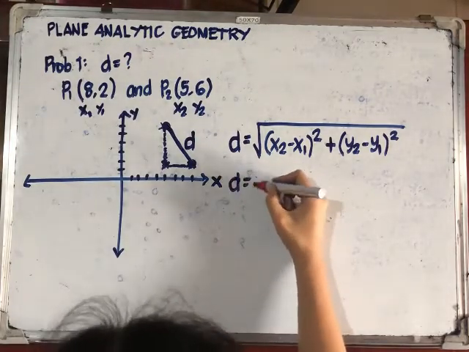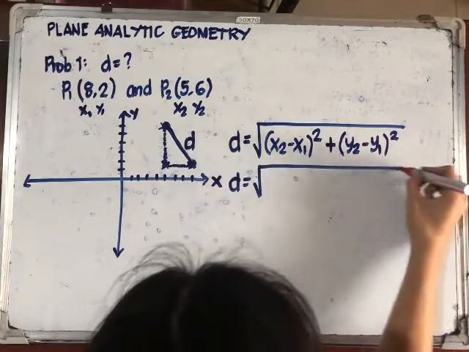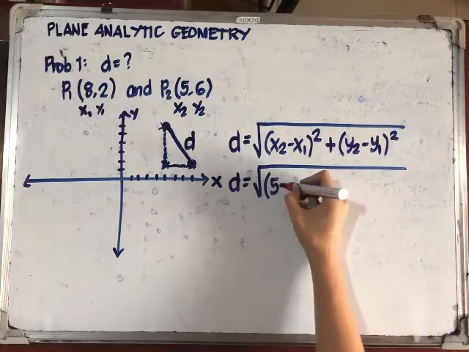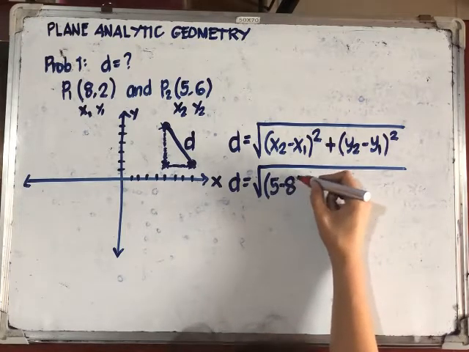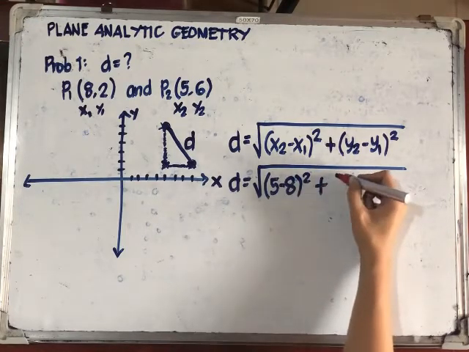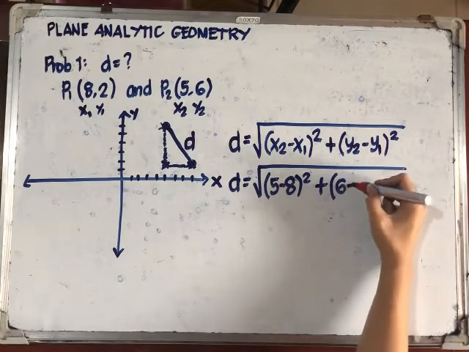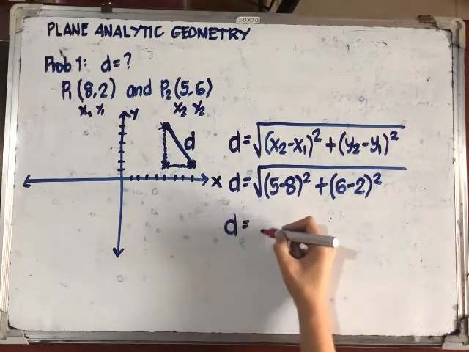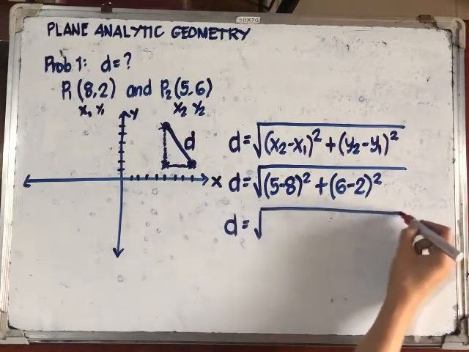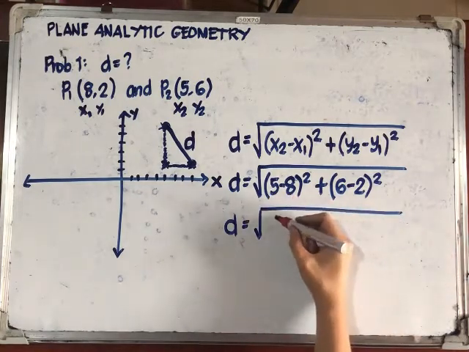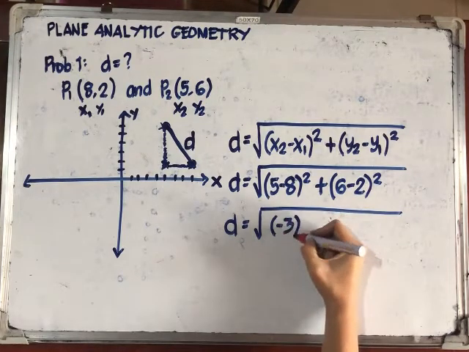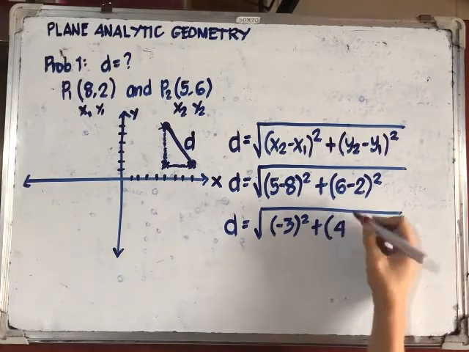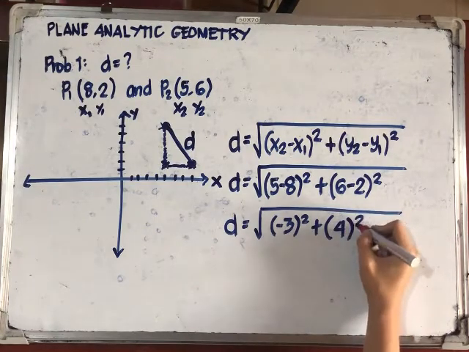Having said that, we can substitute all our values directly. x sub 2 is 5 minus x sub 1 which is 8, squared, plus y sub 2 which is 6 minus y sub 1 which is 2, squared. So that distance is the square root of 5 minus 8 is negative 3 squared, plus 6 minus 2 is 4 squared.